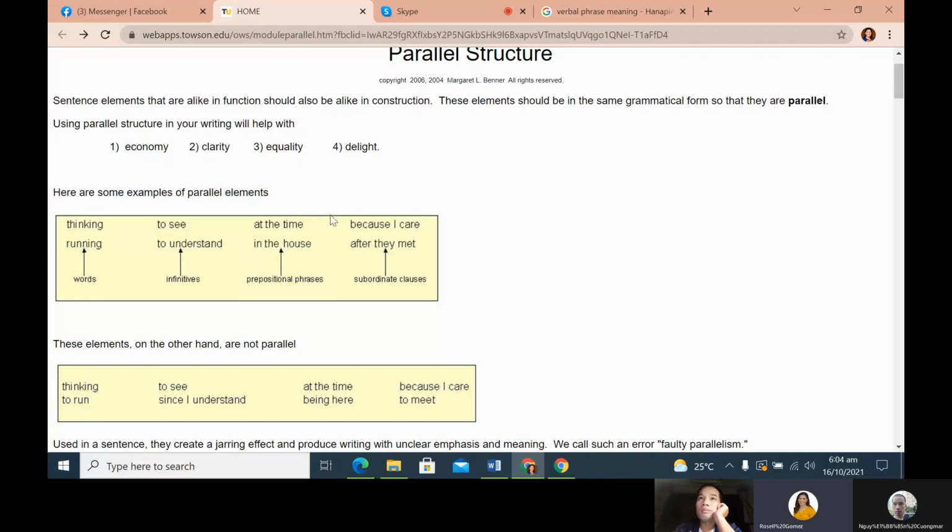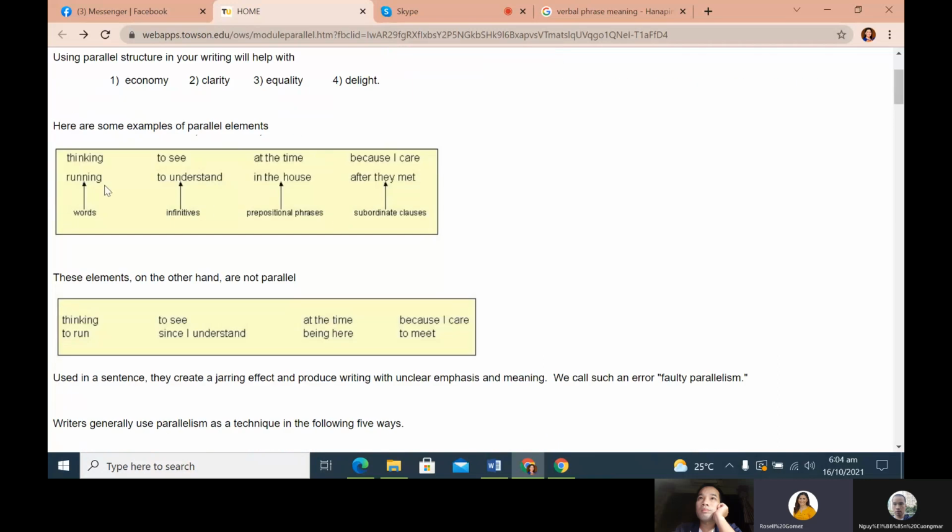Now, for you to further understand, look at these words here. The first column are examples of words. The second are infinitives. The next are prepositional phrases. The third and the fourth are examples of subordinate clauses. Now, will you please read all these words?